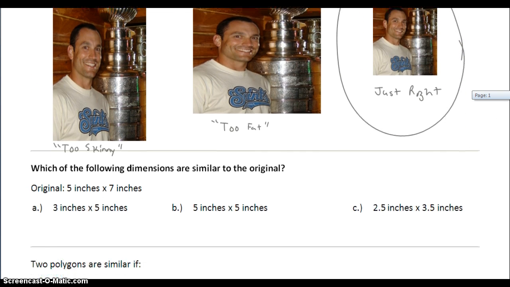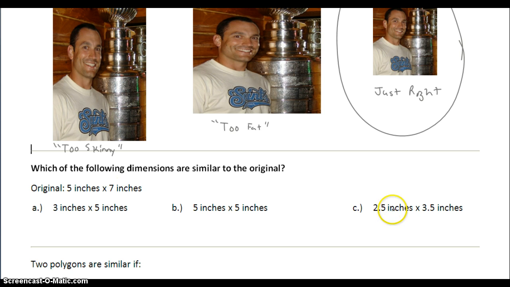If you look at numbers, if the original photo is 5 by 7, 3 by 5, 5 by 5, or 2.5 by 3.5. Well, in order to get to 3 by 5, I would subtract 2 and subtract 2. To get to B, I'd keep my 5 inches the same, but subtract 2 from 7.